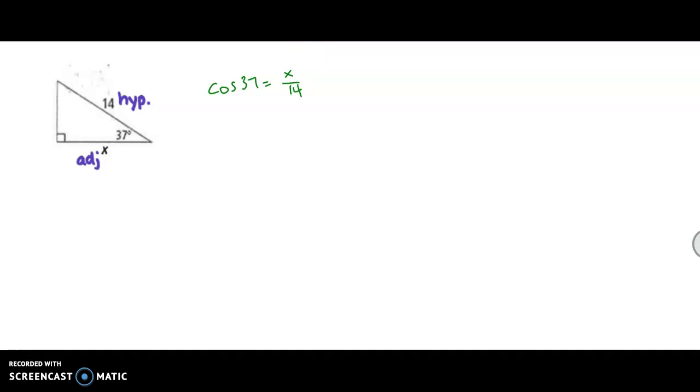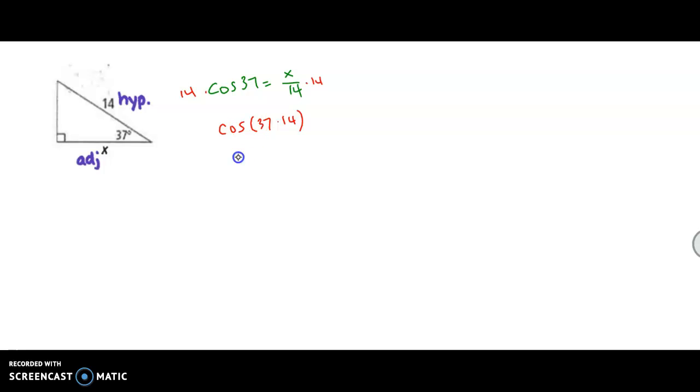And since we're solving for x, we're gonna multiply by 14 on both sides, okay? And then you put that into your calculator. All right. I would suggest doing it in this order: 14 times cosine 37, because what I've seen some students do is this: they do cosine 37 and then times 14 and then close it. That's not correct.